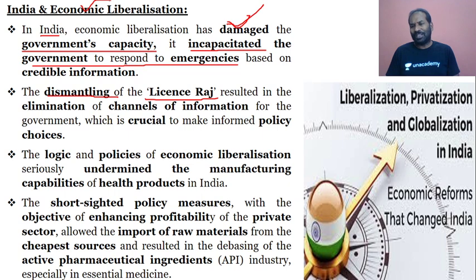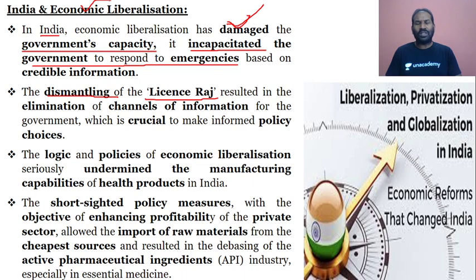That is a good system and good change. Economic reform, it's a good reform. License raj has been dismantled, but the other side of it is that the government's capacity to respond to emergencies has reduced again. Dismantling of the license raj because of economic liberalization, no doubt, but the other side is the damage done to the government's capacity.